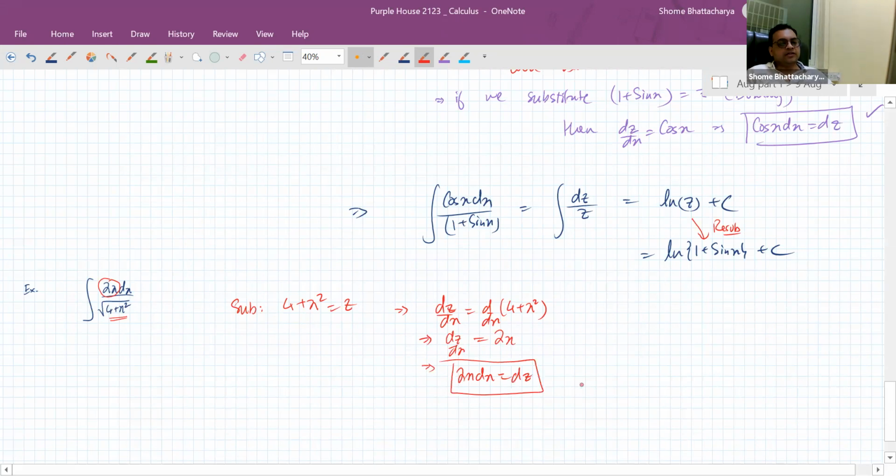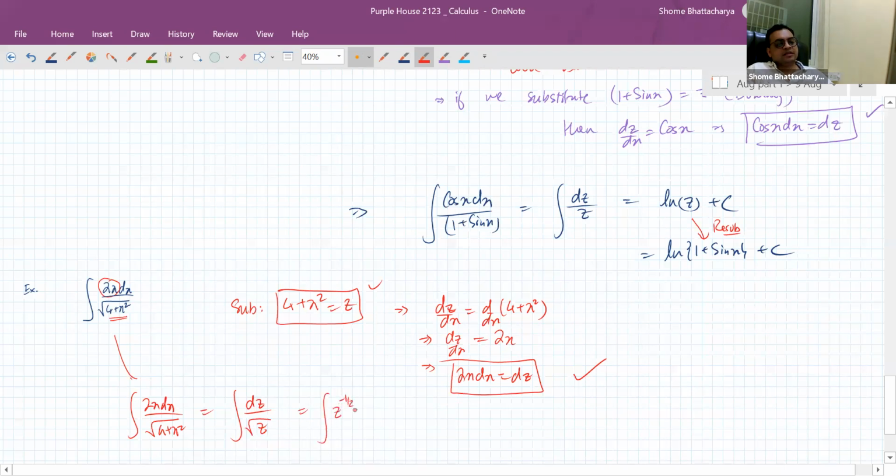So I can substitute this in the integral. This integral will become what? 2x dx in the numerator will become dz, and in the denominator inside the square root, this term will become root z. So this is again an integral of which type?